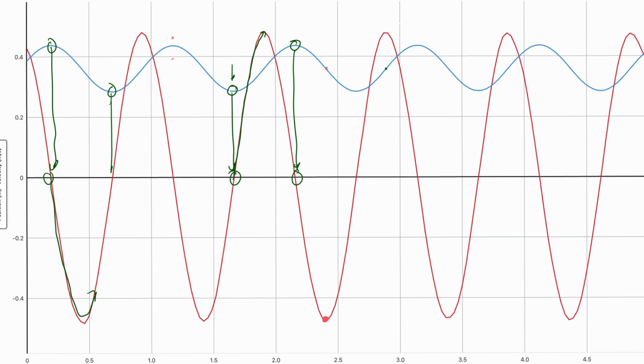Is the period the same? Is this distance the same as this distance? Do they look to be the same period? Now we can measure it. So let's try it. That looks to be at 3.1 seconds to 4.1 seconds.